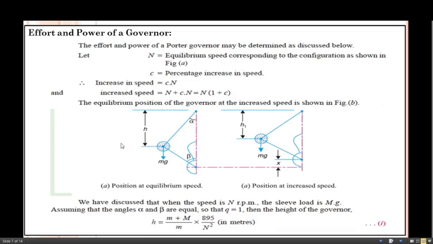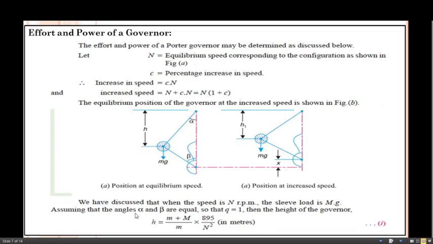Now this is the case corresponding to the position at the equilibrium speed, and here we can get the position at the increased speed. We have discussed that when the speed is N rpm, the sleeve load is m multiplied by g.